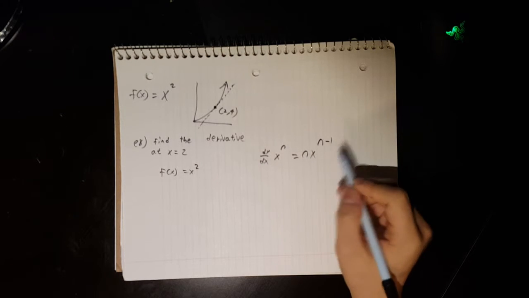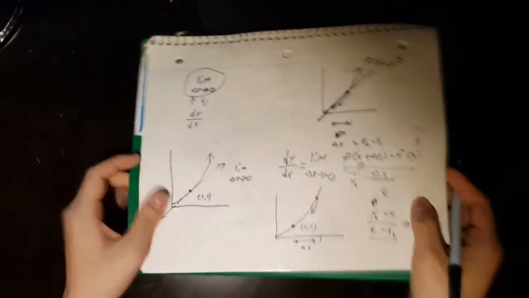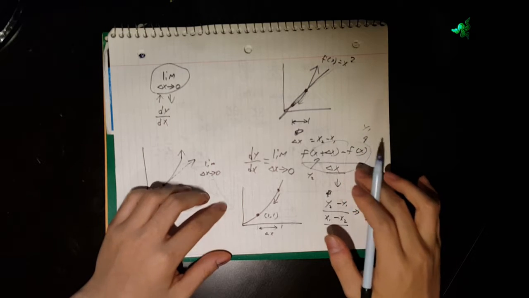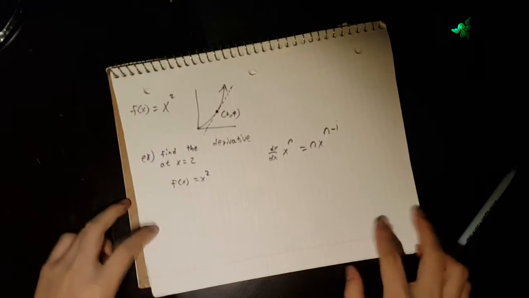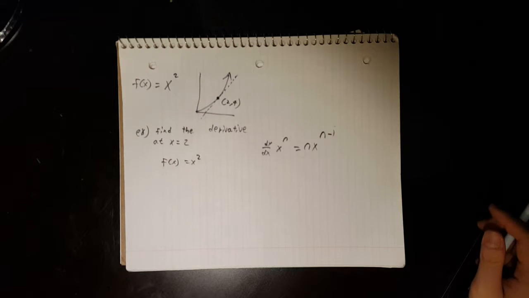This comes from the definition of the derivative, also called the difference quotient. You should already know what a difference quotient is from pre-calculus.